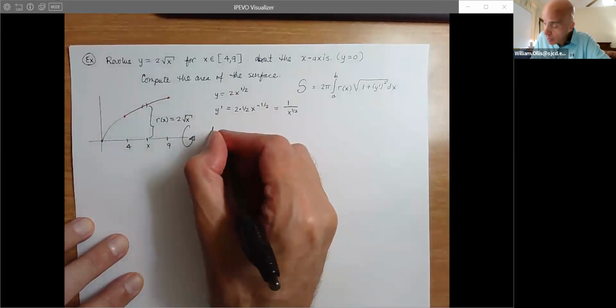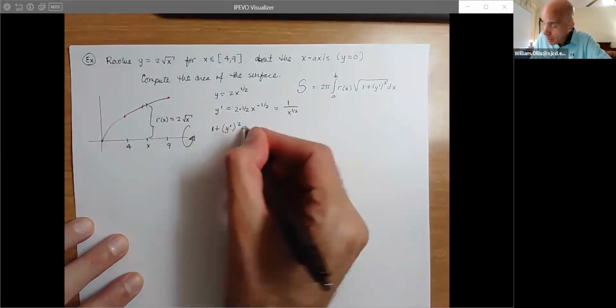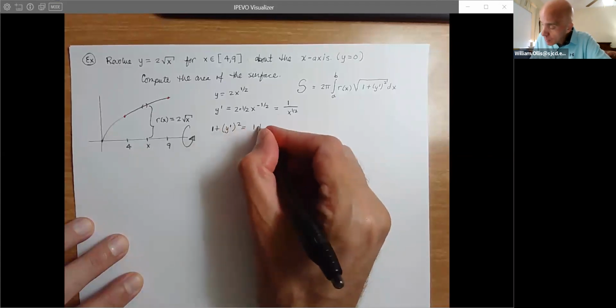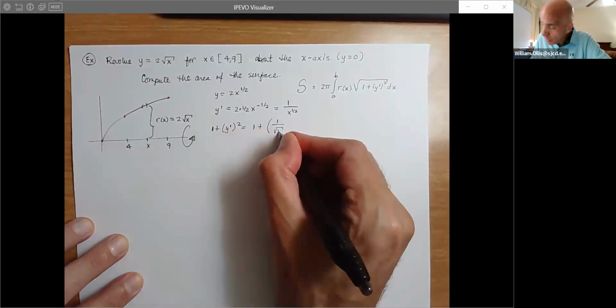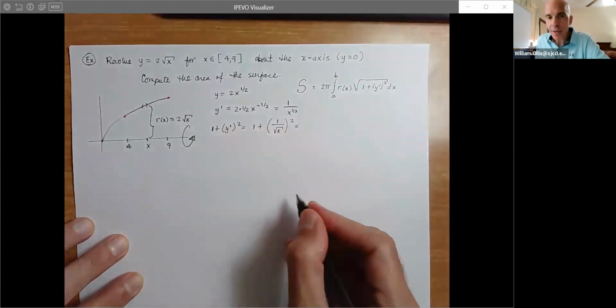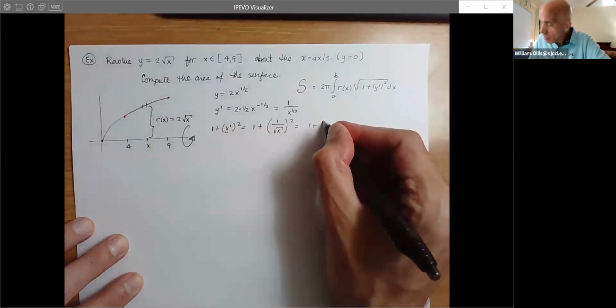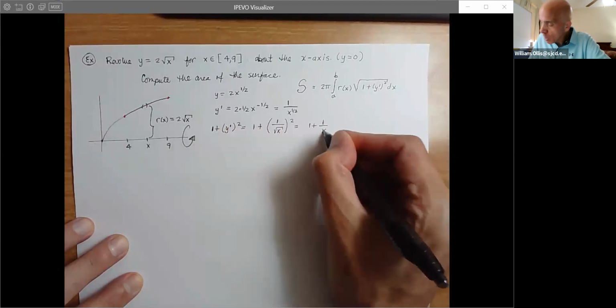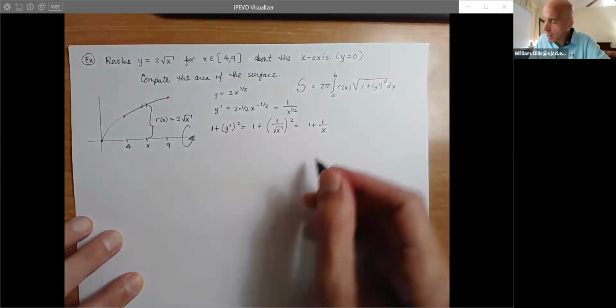So now 1 plus y prime squared will be 1 plus, I'll use the radical here just to give some practice. You can square that in your head, but that'll just be 1 plus 1 over x. Now, of course, we want to make this a little bit tidy, so let's get a common denominator.